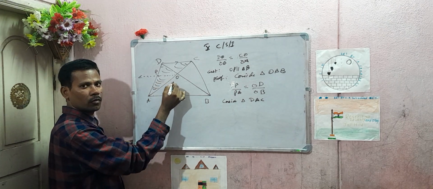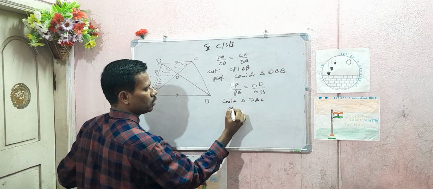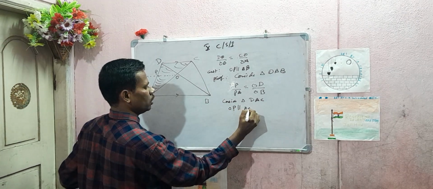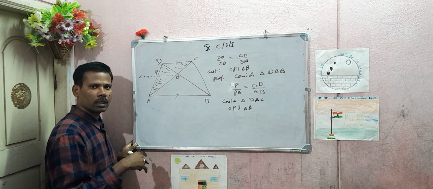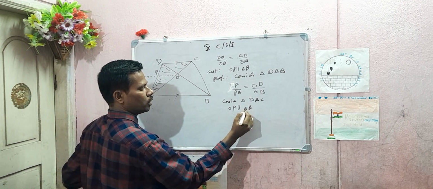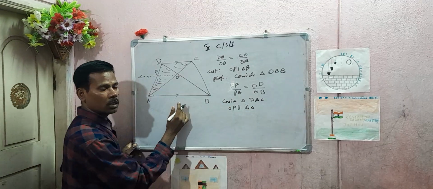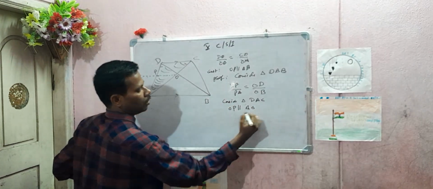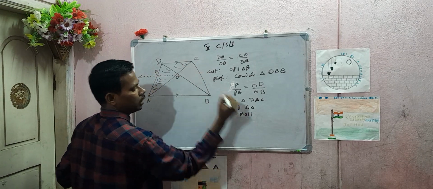One more thing is OP is parallel to AB. You know that in a trapezium, one pair of opposite sides are parallel. What does it mean? AB is parallel to CD.